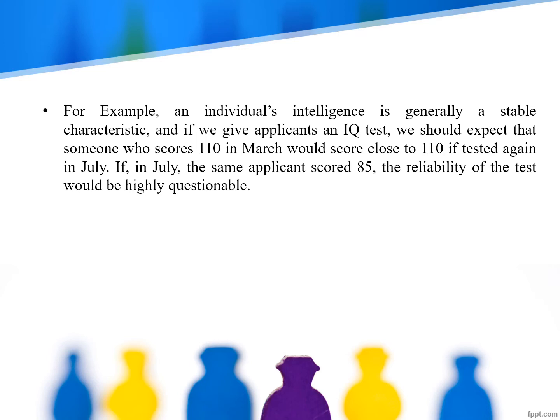For example, an individual's intelligence is generally a stable characteristic. And if we give applicants an IQ test, we should expect that someone who scores 110 in March would score close to 110 if tested again in July.